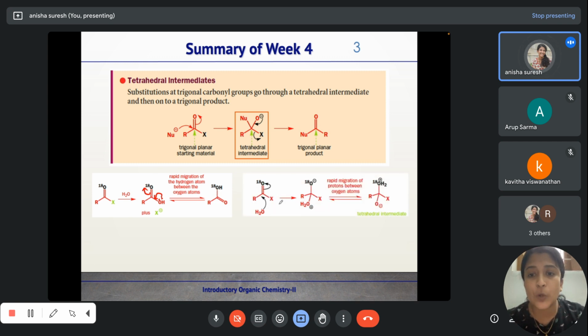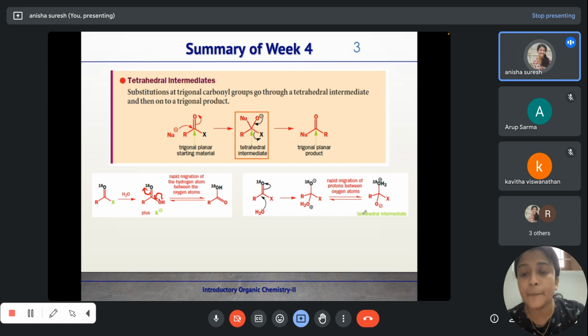Now they have shown the mechanism here. H2O adds, the carbonyl opens up, and a tetrahedral intermediate forms. There can be a migration of protons between the oxygen atoms. One of the protons can be abstracted by the O18 oxygen, or both can migrate between the O18 and the normal oxygen. So two tetrahedral intermediates are possible.